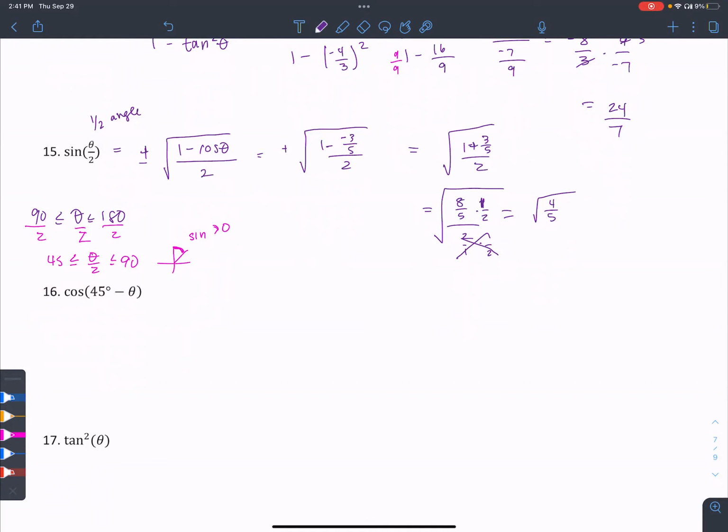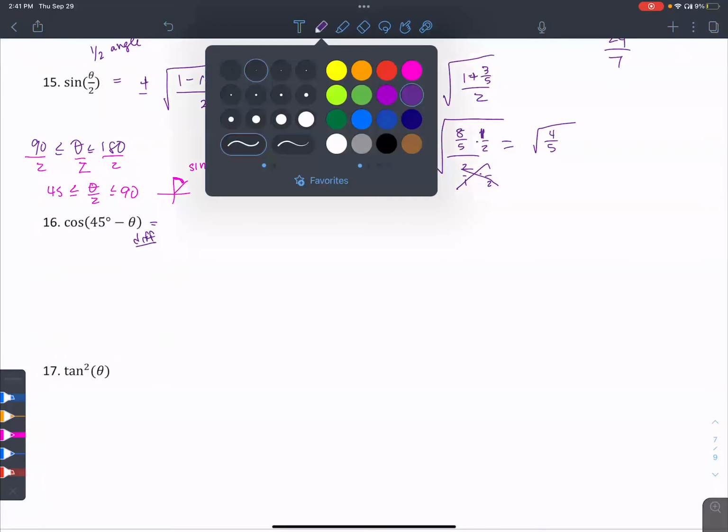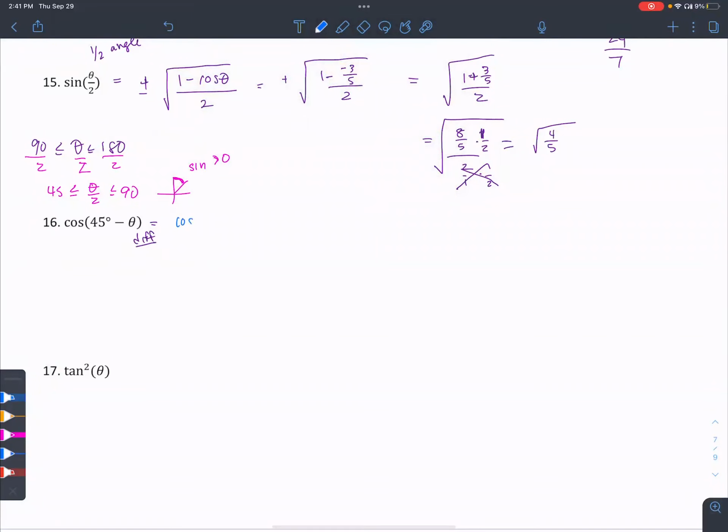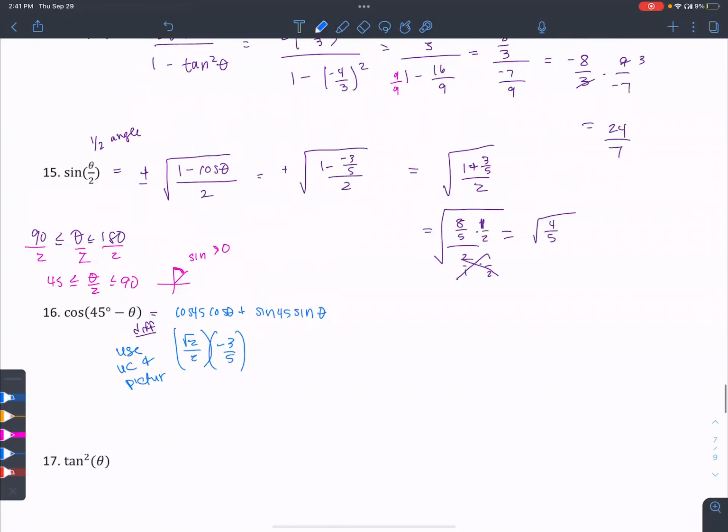Okay. On number 16, you are going to use the difference formula for cosine. So let me use a different color. It goes cosine, cosine, sine, sine, opposite sign in the middle, alpha, beta, alpha, beta. So on this one, we're going to use our unit circle and our picture. So the cosine of 45 degrees is root 2 over 2. The cosine of our angle given to us in this picture is -3/5.